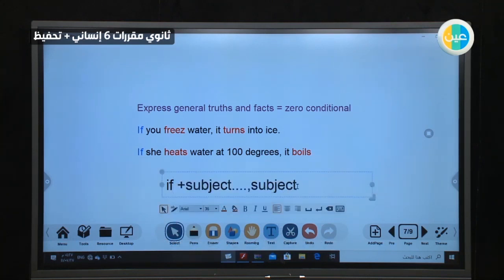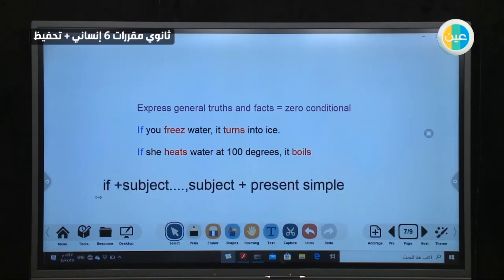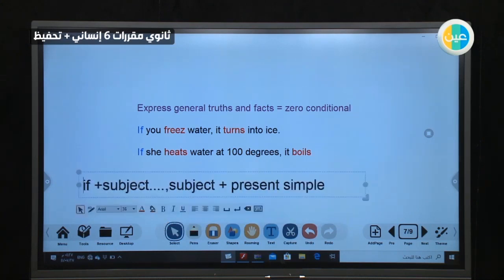What about the verb here? Turns into ice. Yes, present simple. So, if plus subject. What about the verb in the first part? You freeze. Yes, it is present simple too.